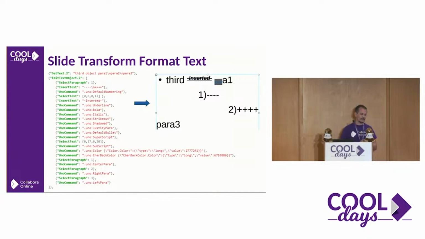And then if it's selected, some commands are used on the selected text, like UNO commands. We can run UNO commands, like UNO bold will make the selected text bold, or if you use insert text, then it will replace the currently selected text.